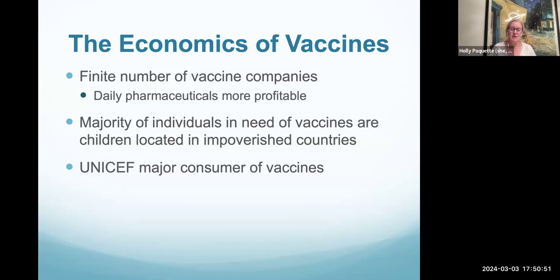And so the other thing is that we see that the majority of individuals who are in need of vaccines are children who are in countries that can't afford to pay the drug companies for this. And so UNICEF is one of the major consumers who pays for vaccines, but a lot of drug companies don't want to spend research dollars and their facilities on it because they just don't make back the amount of money they can through drugs.